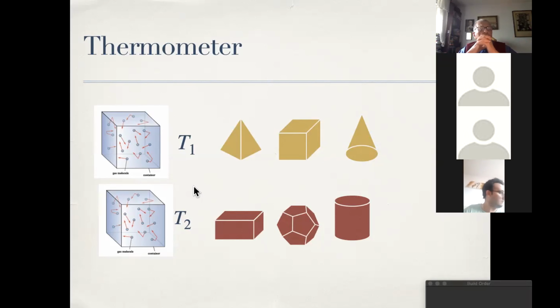And therefore, 0 Kelvin happens to be on the Celsius scale a very low negative number, minus 273 degrees. So that is how we can understand the fact that the temperature cannot be negative.